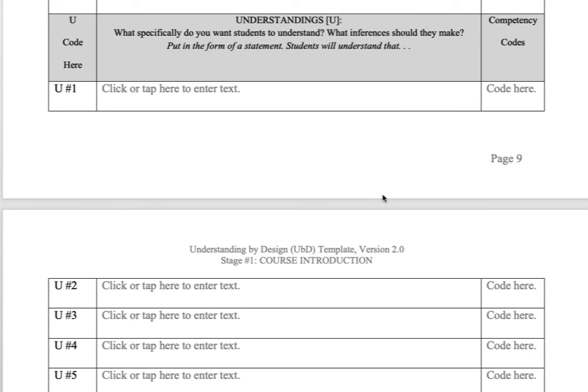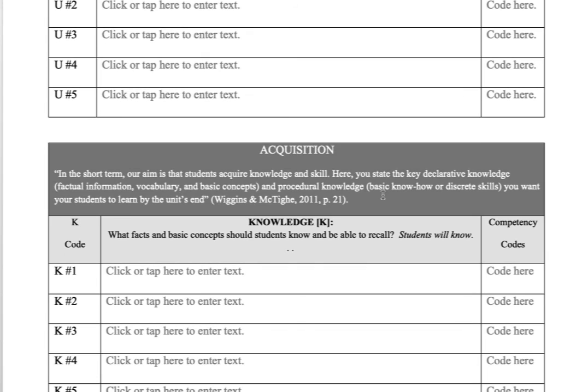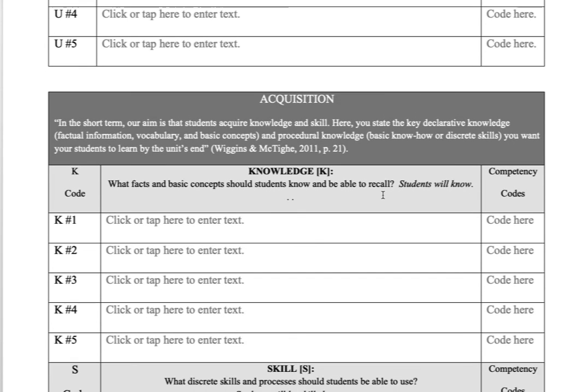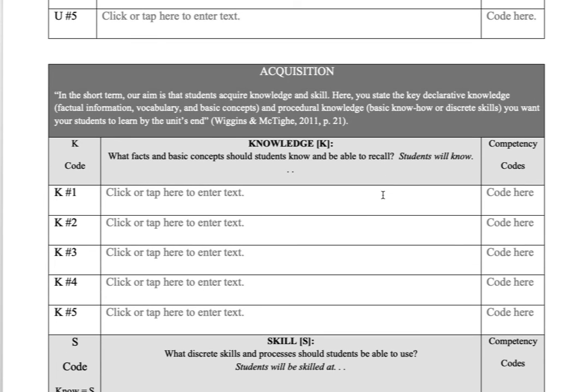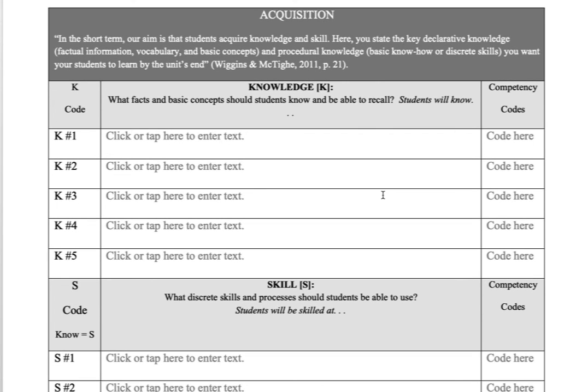Now, once I've identified my enduring understandings, then I'm going to go ahead and break it down into acquisition of knowledge and acquisition of skills. So first of all, I am going to identify the knowledge. So knowledge is facts and basic concepts that the student needs to be able to recall or to know.